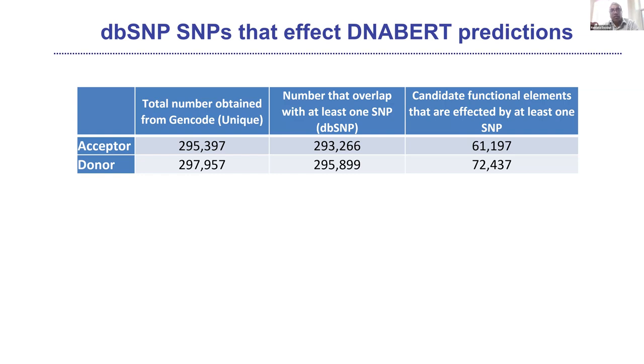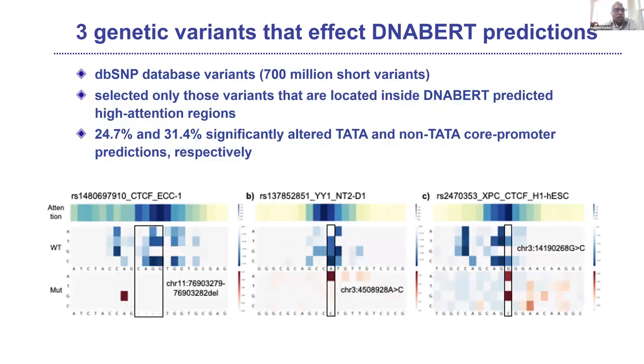Similarly, 72,000 donors are affected by at least one. Again, these are predictions and we have to validate them. But 20 to 25% of the functional sites are affected by at least one SNP with a significant change in the prediction probabilities. Similarly for TATA and non-TATA promoters, 24 to 31% are altered.